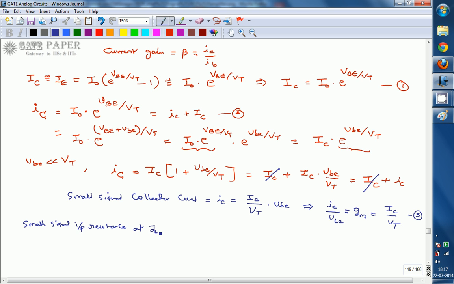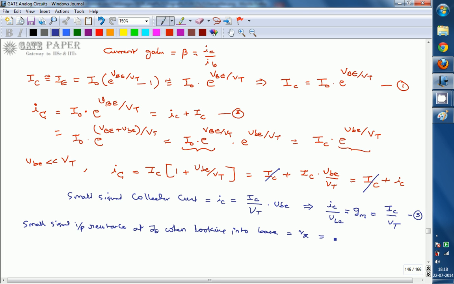At base to emitter junction, it is indicated as JE, emitter junction or base to emitter junction. When looking into base, it is going to be defined as R pi. R pi is the parameter which is going to be called the small signal input resistance at emitter base junction whenever you are looking into base.